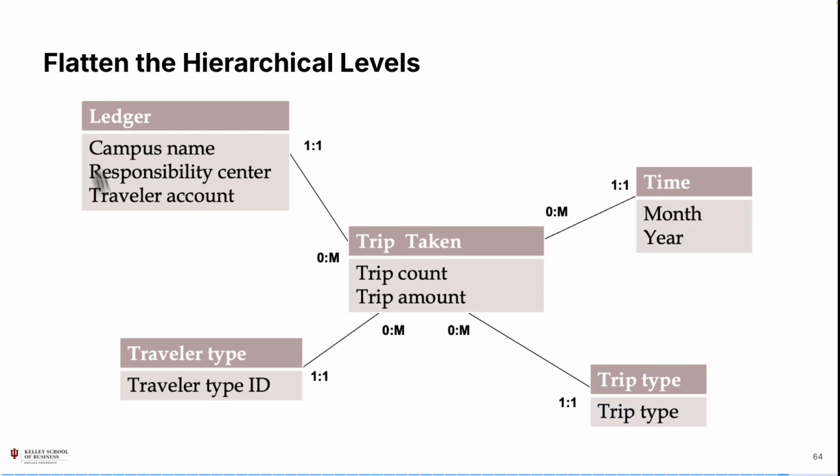As you can imagine, because each campus has many different responsibility centers and each center has many travel accounts, I'm going to have a lot of data duplication in this table. But this is totally acceptable. And similarly, we're going to flatten the time structure and create a dimension table with both year and month.